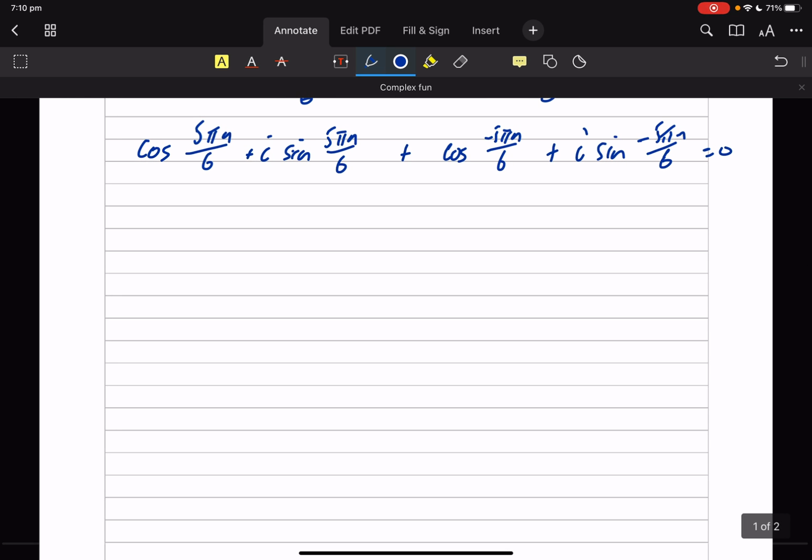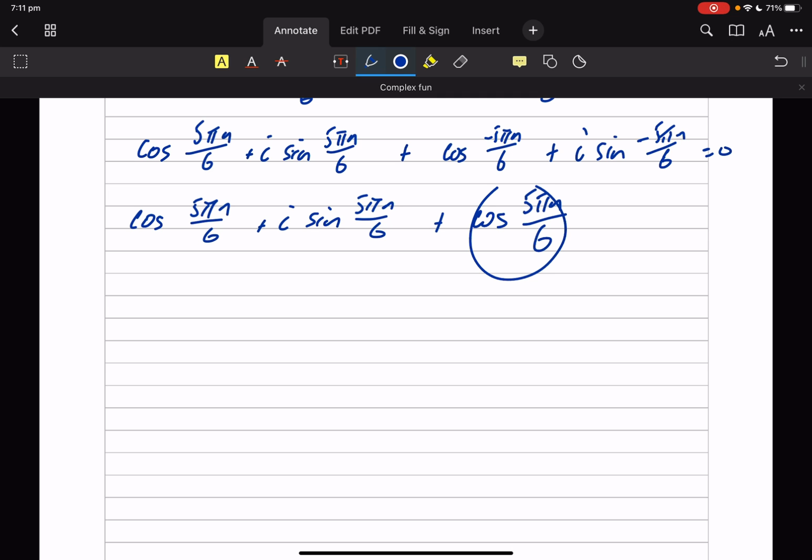So hopefully we're going to simplify this thing here, and this all stays the same, because we worked out before that cos minus 5 pi on 6 is the same as cos 5 pi on 6. So now they are like terms, and we'll go to 2 cos.